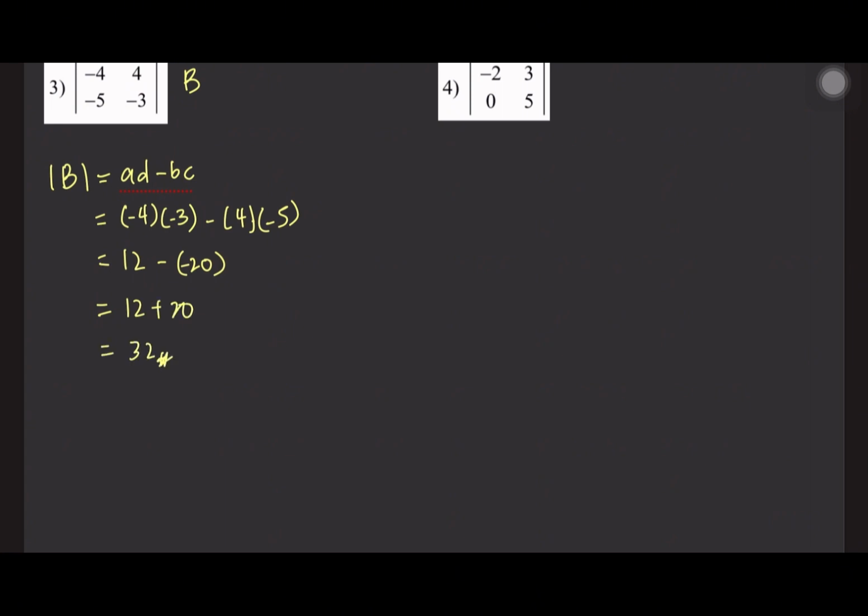Simple, right? Let's call the next matrix C. Determinant of C, AD minus BC, equals negative 2 multiplied by negative 5 minus 3 multiplied by 0, which equals negative 10, because 3 multiplied by 0 is 0.